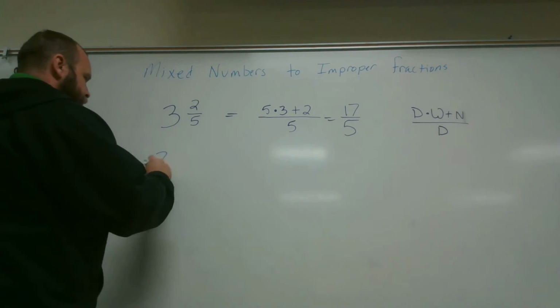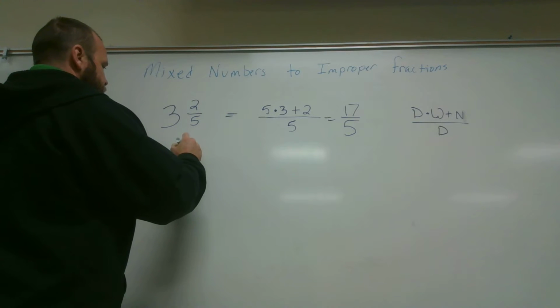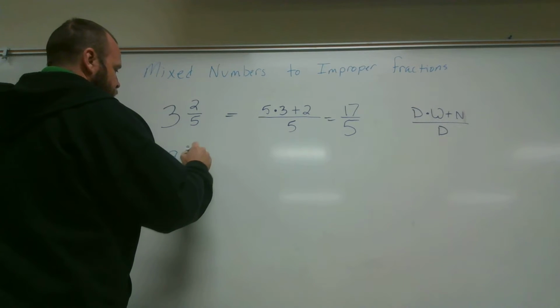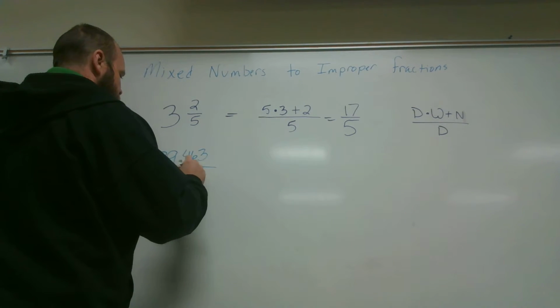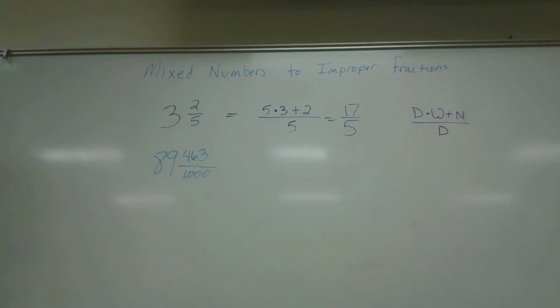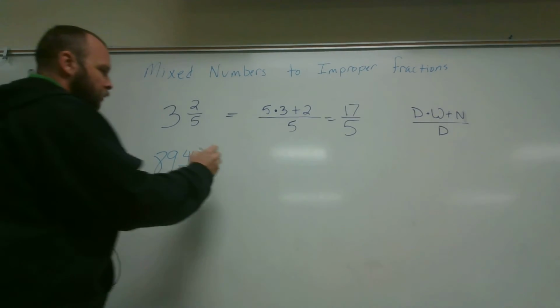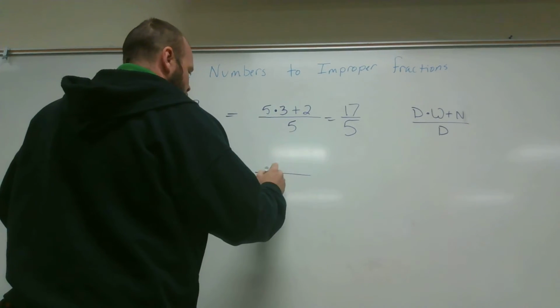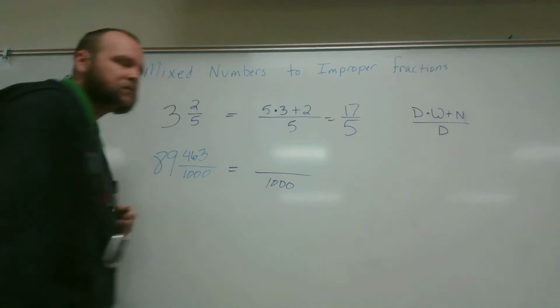Let's say we had even if we had the number 89 and 463 1/1000ths, you'd still do the same pattern every time. Your denominator would stay 1,000.